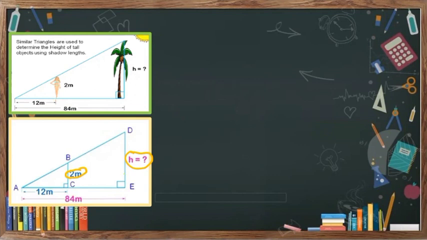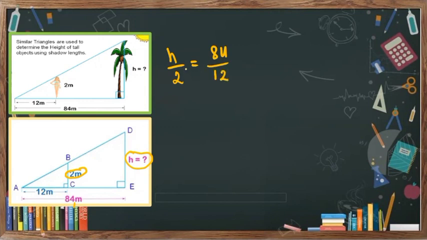Therefore, we can write a proportionality statement here. H is to 2 is equivalent to, this one is the base of the biggest triangle and this one is the base of the smaller triangle. So bigger to smaller. So we're going to use that ratio. Bigger, so we have here 84, and then the smaller side, that is 12.